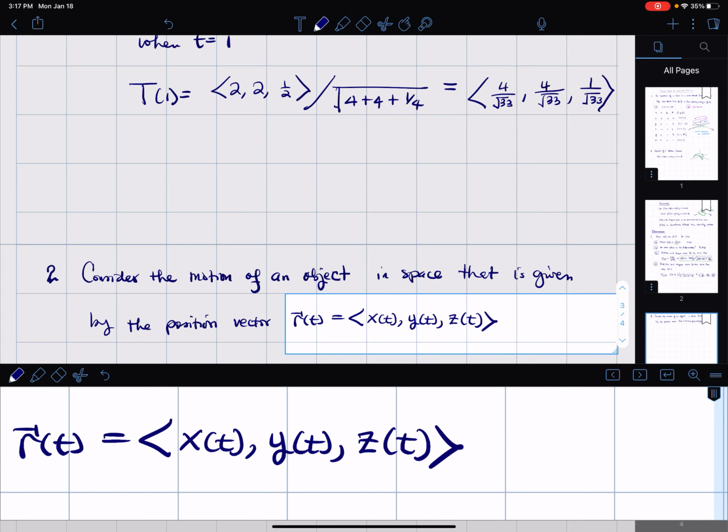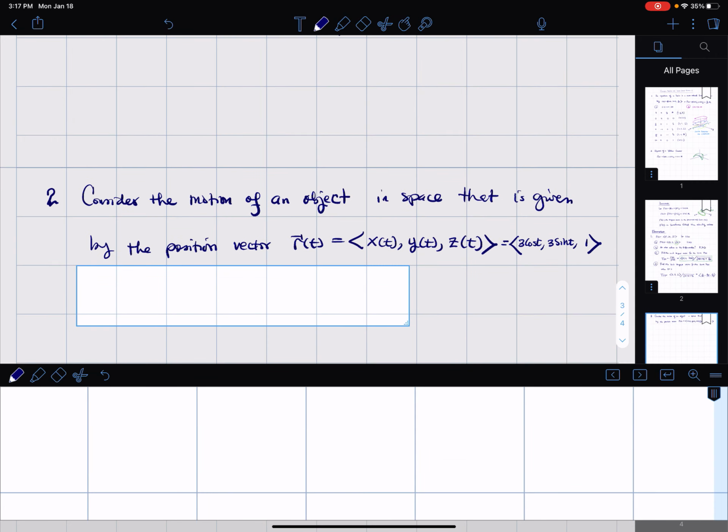So its x, y, and z coordinates are given by 3 cosine t, 3 sine t, and 1. And this is for t between 0 and 2 pi.